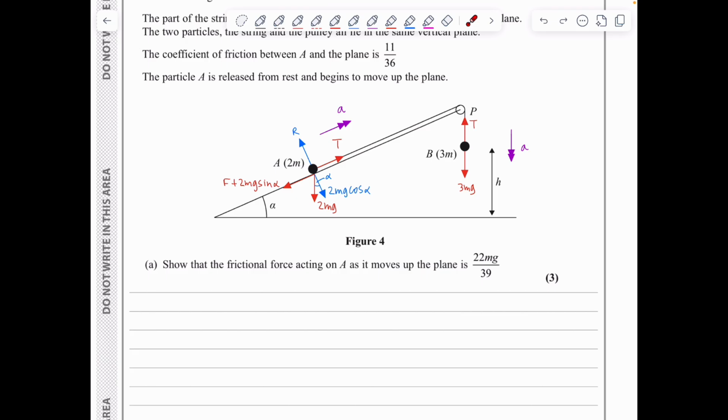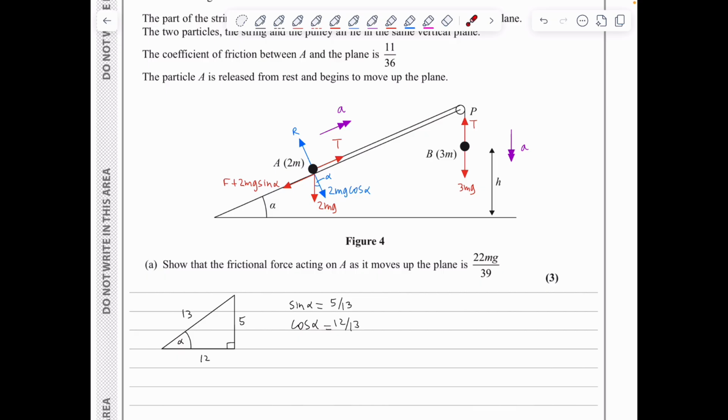Now we are told that tan alpha is 5/12, so if I draw this right angle triangle here, it's opposite over adjacent. It's a 5, 12, 13 triangle, which means that sine of alpha is 5/13 and cos of alpha is 12/13.